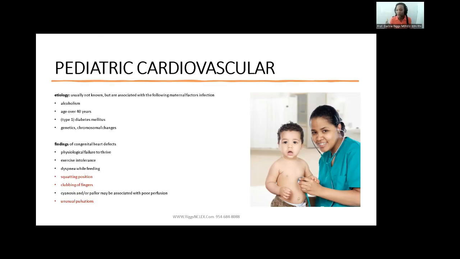So like by the time a child gets to be 2 years old, they should be able to go up and down the stairs, hop on one leg, ride their tricycles, without being excessively out of breath. These children are not like that. They can't do all that I've just mentioned, okay? And definitely not without being overly exhausted. So they have exercise intolerance. They can't get into sports and things like that. They're dyspneic. Even when eating, they're out of breath.